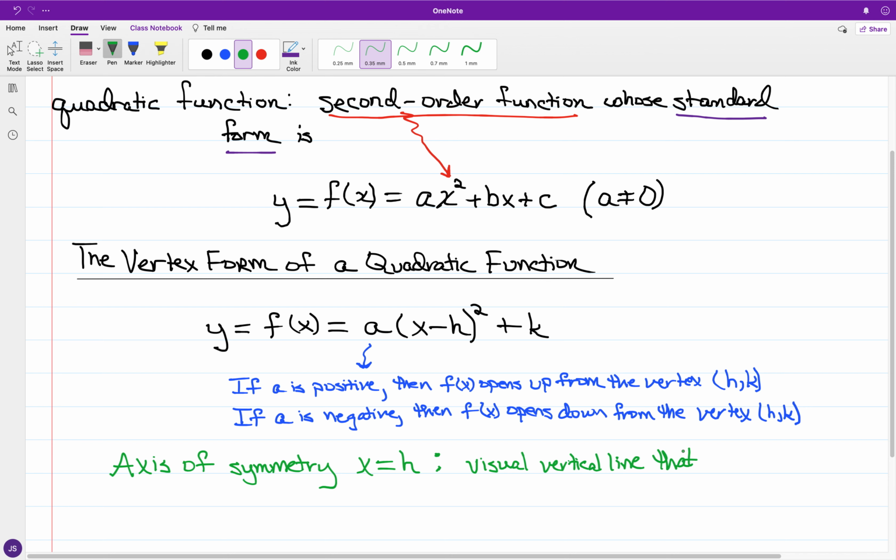That's going to divide the graph of f of x into equal halves that will mirror each other. So we have equal mirroring halves.